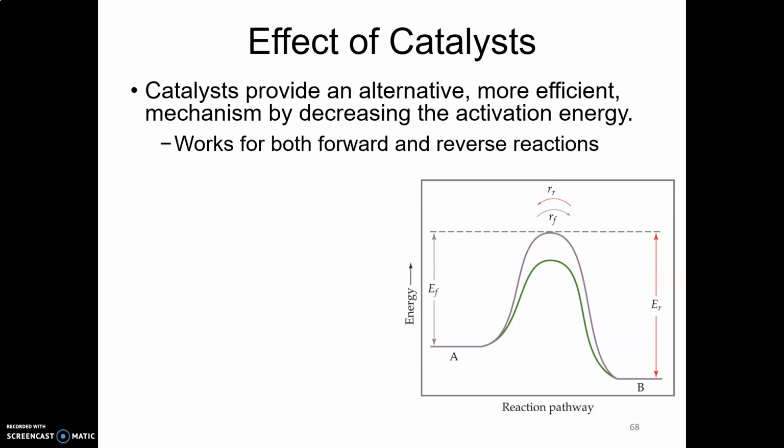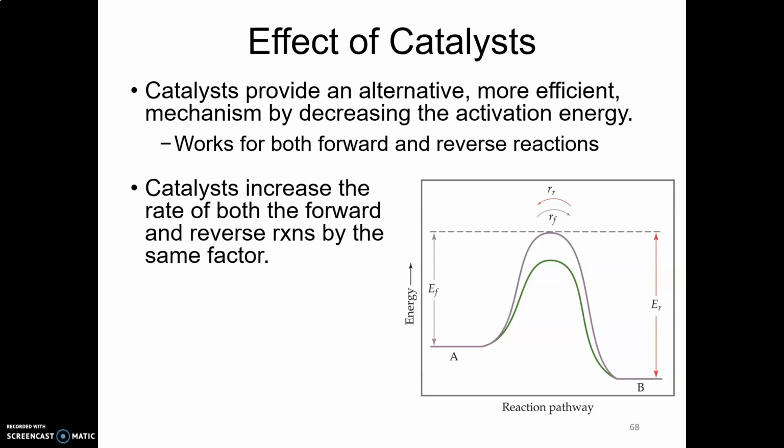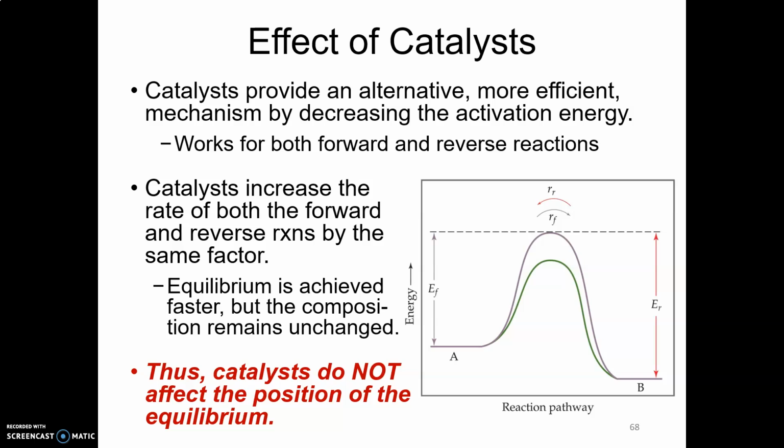And since capital K is the comparison of the rates of the forward and the reverse, and if they're both changed by the same amount, would capital K change? The answer is no. Sure, you sped it up, but you increased the rates of both, so the equilibrium isn't changed.